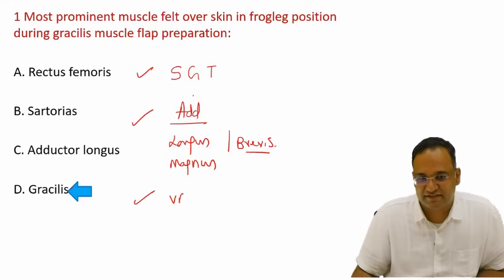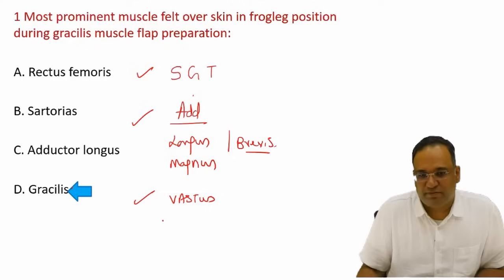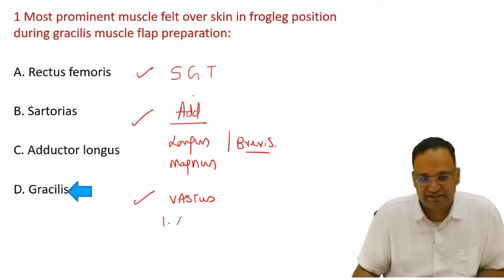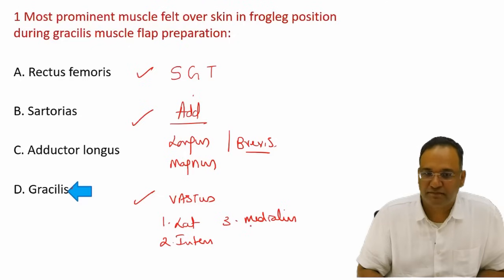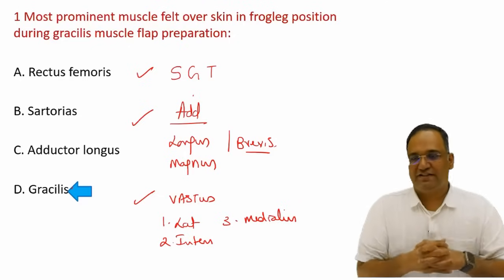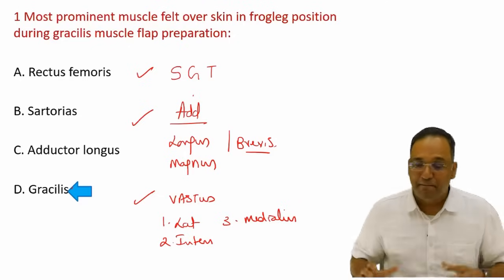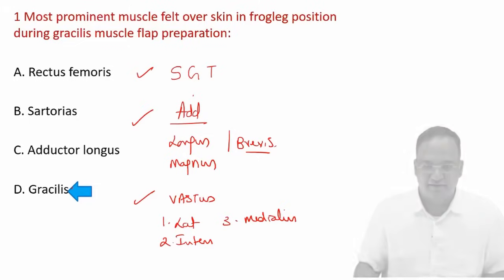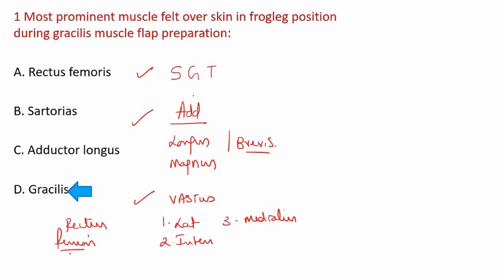They are called the vastus group of muscles: vastus lateralis, vastus intermedius and vastus medialis. All these muscles, especially the vastus group, blend together to form quadriceps femoris.